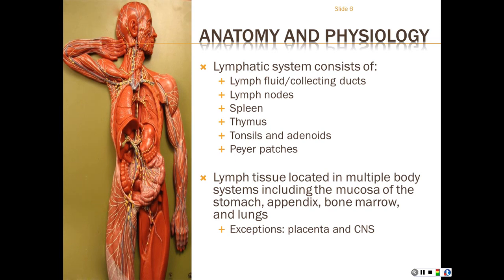The tonsils and adenoids and the Peyer's patches, and the Peyer's patches are in the intestines, and it helps drain the intestines. The lymph tissue is located in multiple systems, including the mucosa of the stomach, appendix, bone marrow, and the lungs. And it's throughout the entire body except in the placenta and in the central nervous system.